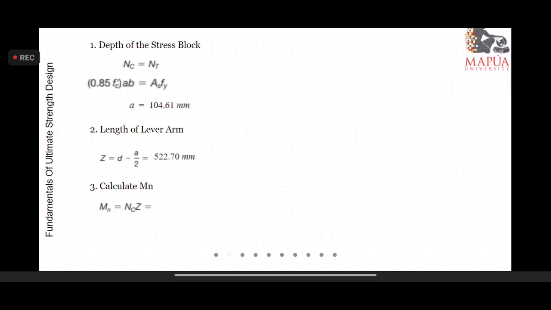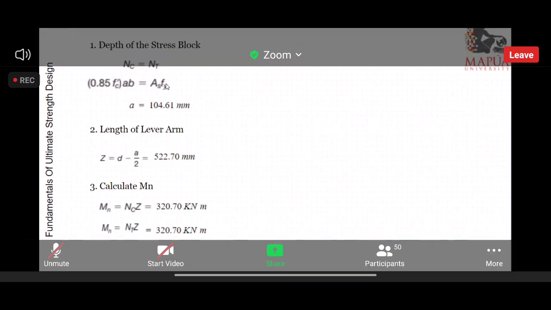This will be equal to NcZ, which is equal to 320.7 kilonewton meter, if you are going to calculate this one. This is the nominal moment for that matter.